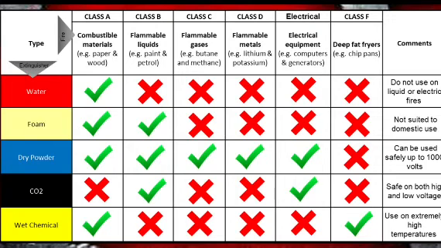For flammable liquids, we can use the foam, dry powder, and CO2 fire extinguishers. For flammable gases, we have the dry powder only. Next is flammable metals, dry powder. Electrical equipment, dry powder and CO2. Deep fat fryers, the wet chemical is used on extremely high temperatures.